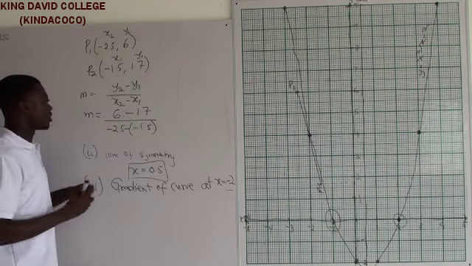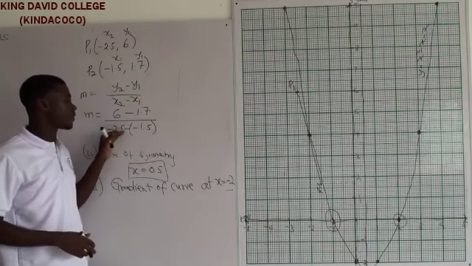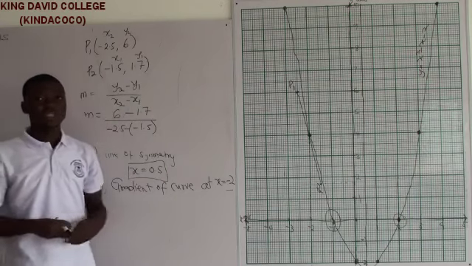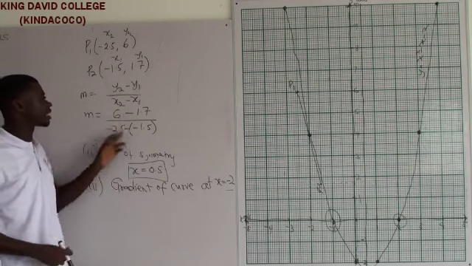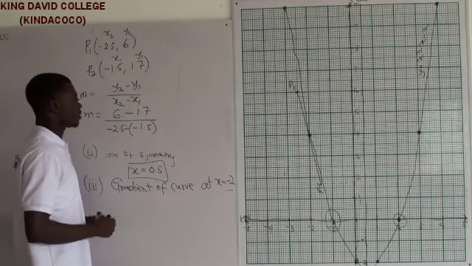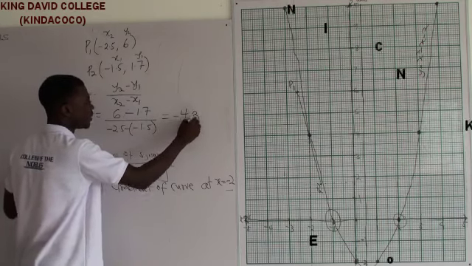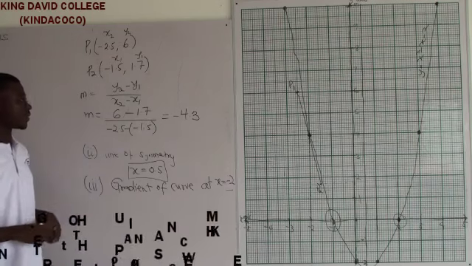Okay. So you are having 6 minus 1.7 divided by minus 2.5 minus 1.5. We are only finding the gradient of these 2 points. Okay. Good. So here you just punch it on your calculator. So you are going to get minus 4.3. Okay. Minus 4.3 as your gradient.